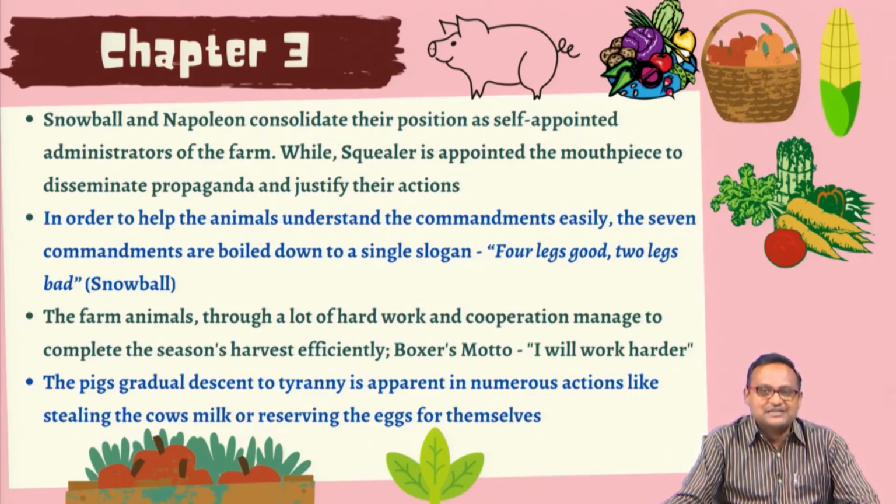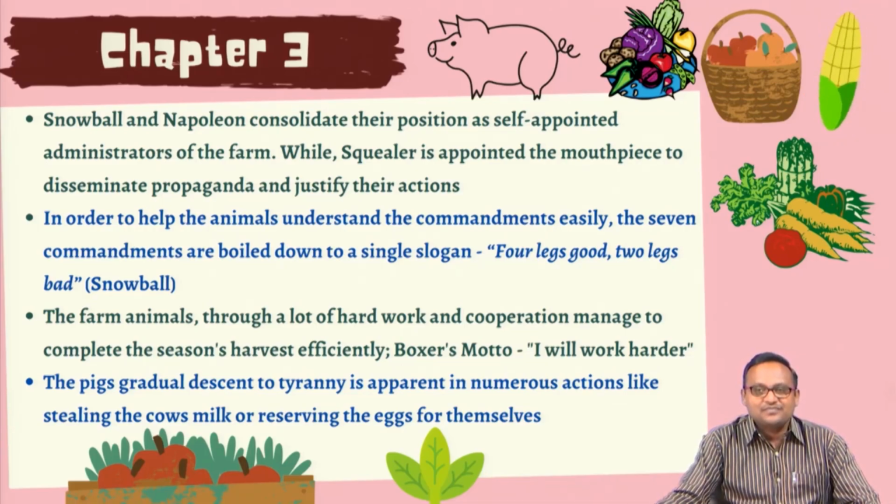So, the birds and hens protest because they have 2 legs. Then Squealer convinces them, don't worry, because your wings are also a part. You can also call your wings legs, therefore you too have 4 legs, something like that.